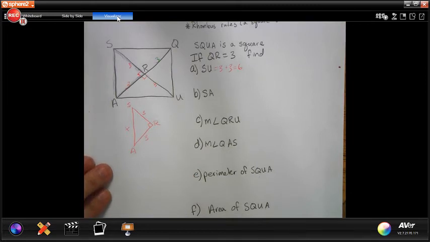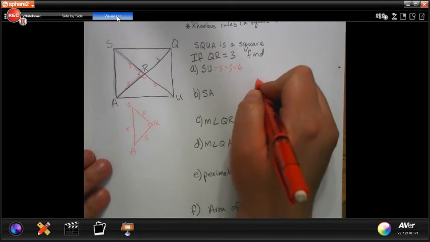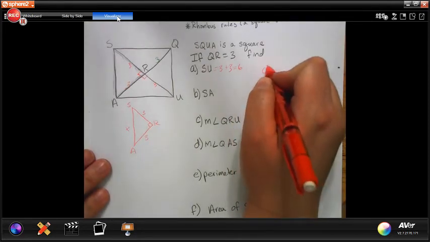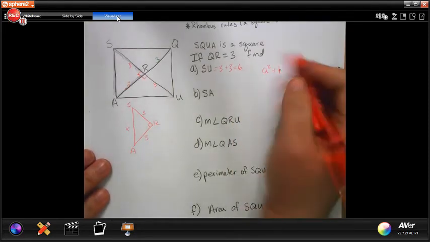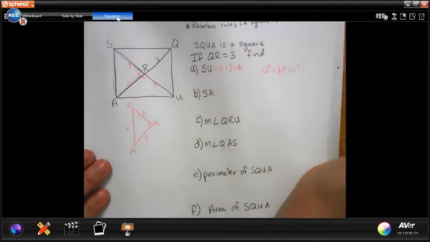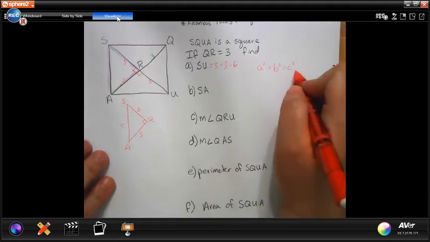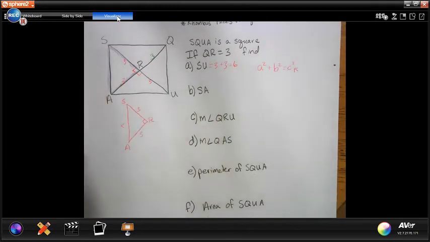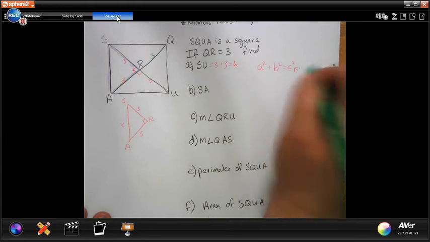So we do the Pythagorean theorem, just like you did in the rhombus video. a squared plus b squared equals c squared. And if you watched the rhombus video already, you know that c squared is the most important part. C squared is the hypotenuse.